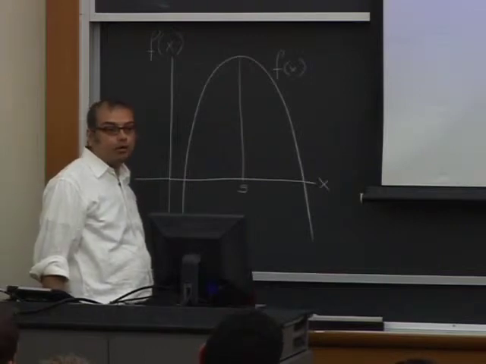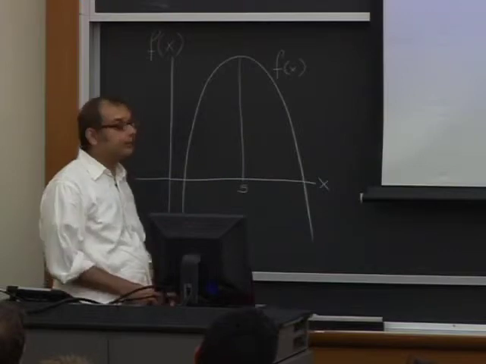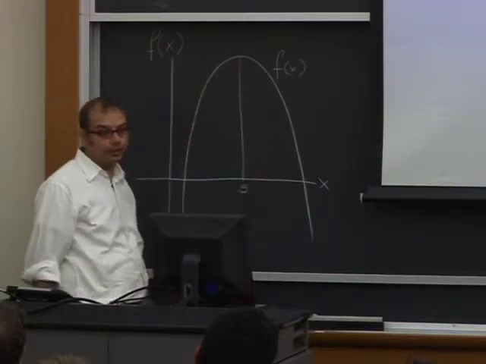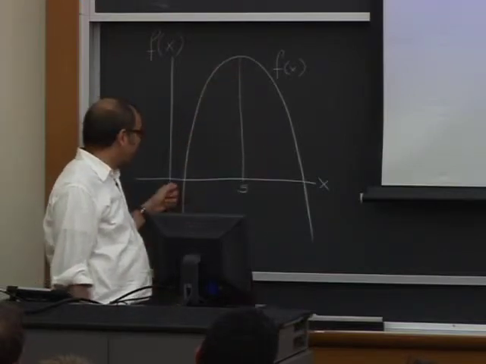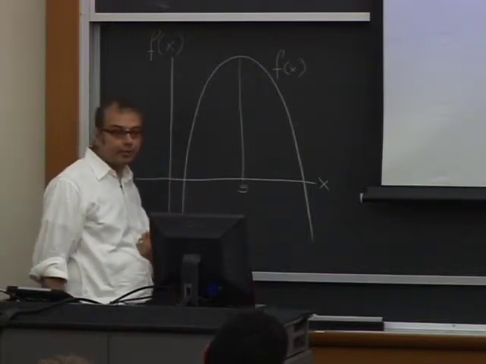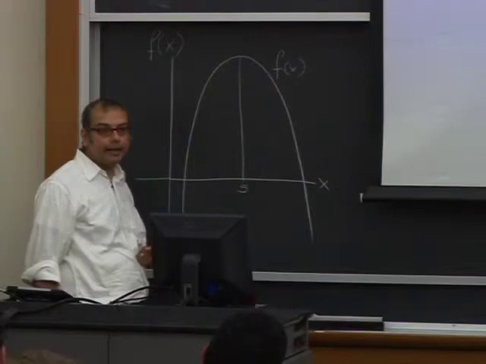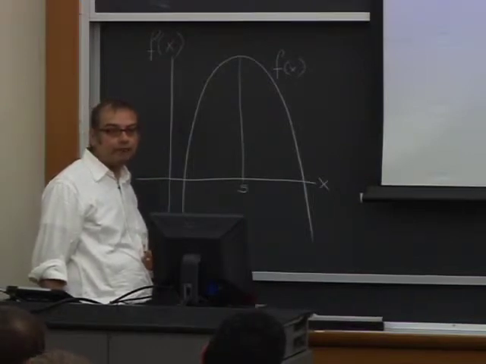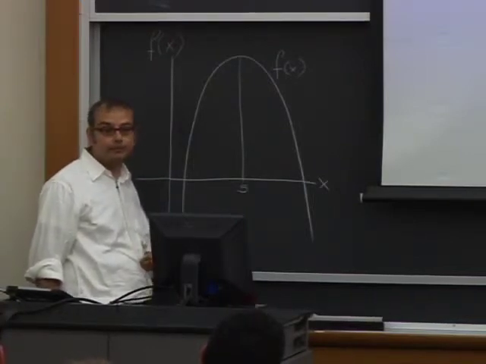It's not steep at all, it's not upward sloping at all, it's flat. And after that, it's downward sloping. So for values of x between 0 and 5, it's upward sloping. For values of x above 5, it's downward sloping.